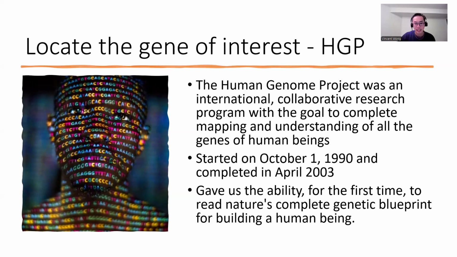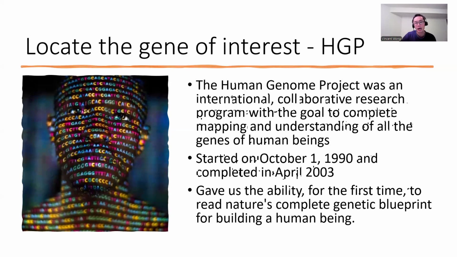I'll show you that in a second. This Human Genome Project is basically an international collaborative effort to map out the entire genome of humans. They wanted to know all the ACTGs, all 3 billion ACTG base pairs on every single chromosome in the human body. It was a very ambitious project.